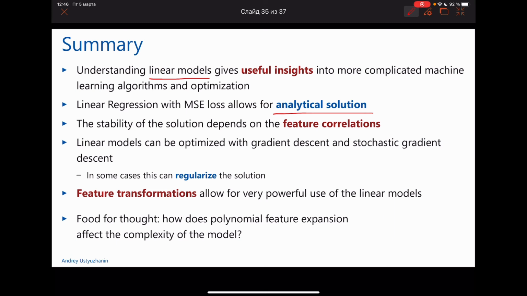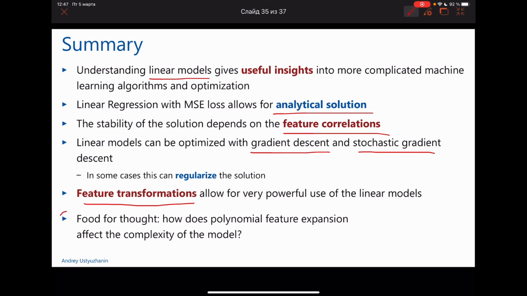We looked at how the stability of the solution depends on feature correlation, which can be addressed in a proper way. And we looked at how linear models can be optimized with gradient descent, or its more computationally friendly alternative, stochastic gradient descent. And feature transformation is a method that allows adding more power to those linear models.